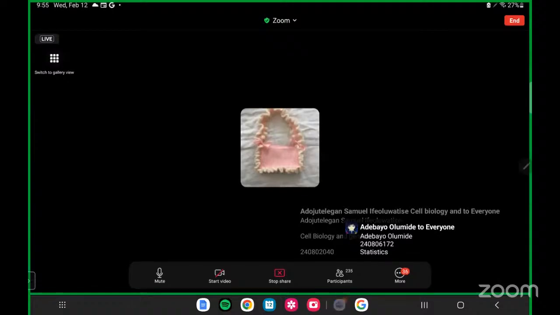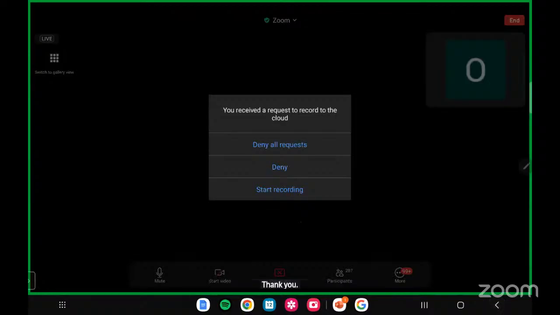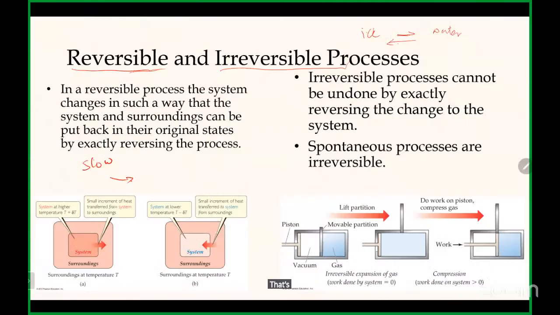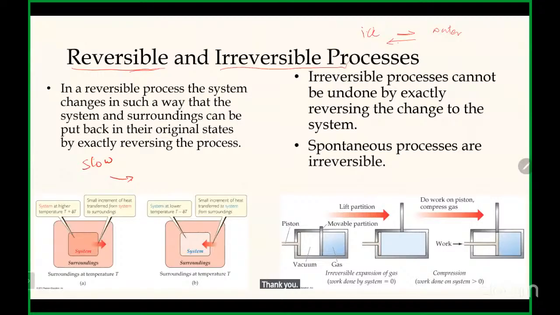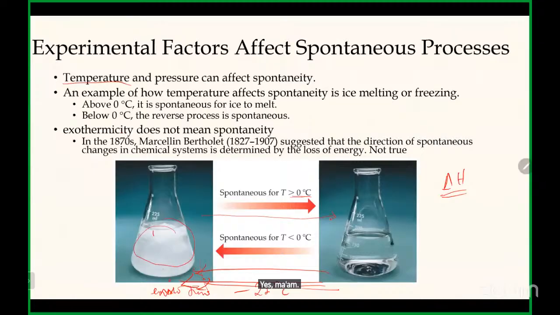Thank you, ma. Do you still have any question? Ma, please, can you go back to the second to the last slide? Saturday or Friday? No, I'll send the thermodynamics slide, the first lecture, I'll send that slide today. Ma, what of on Thursday or Friday?